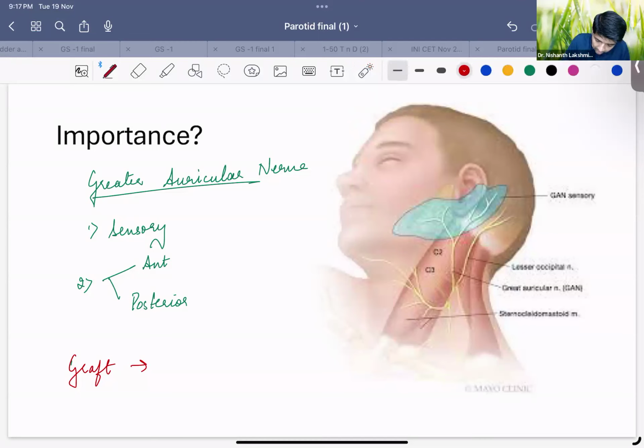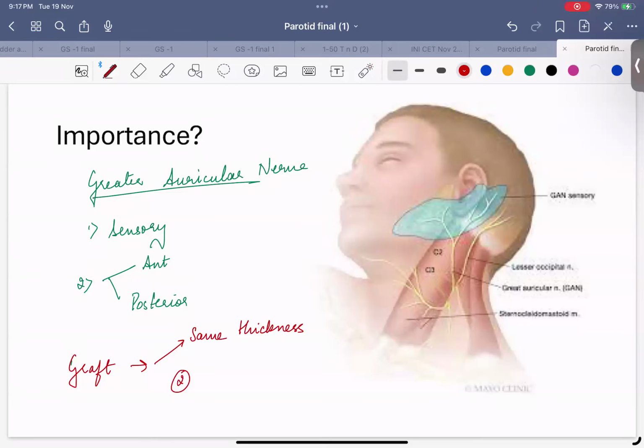Can you tell me another nerve which can be used, which can be sacrificed and can be used as a graft? First one is the greater auricular. Second one, can anyone guess? Posterior auricular nerve. Hey, that is part of this one only.